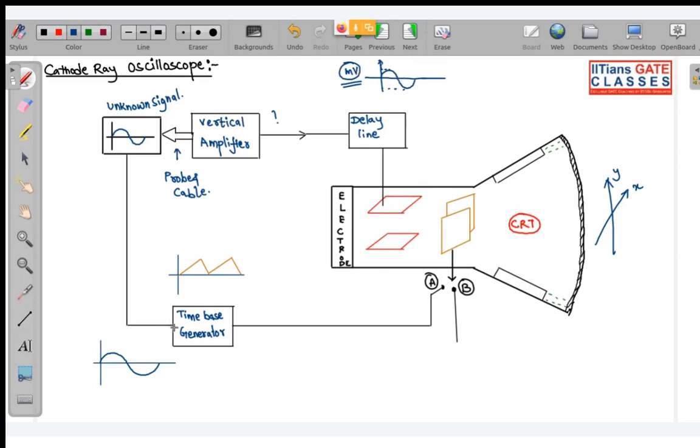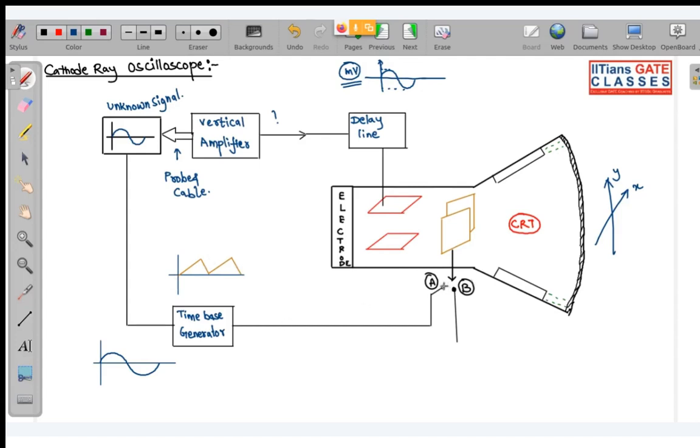But the time base generator is basically a known signal, so obviously I can keep this voltage high. It is up to the machine manufacturer to keep this value of voltage high. So there is no need for amplification in the time base generator.